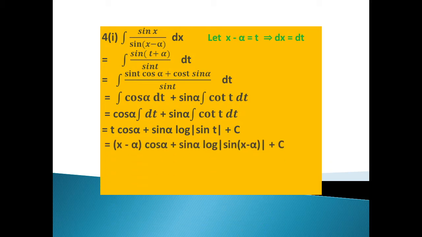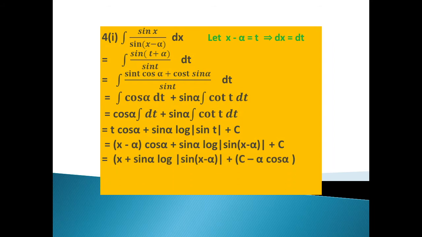Now you are not allowed to leave the answers in the second variable form. You were given x as a variable, so answers have to be again changed. So I get, on substituting for t as x minus alpha, the substituent which I had taken, x minus alpha cos alpha plus sine alpha times log of sine of x minus alpha there.